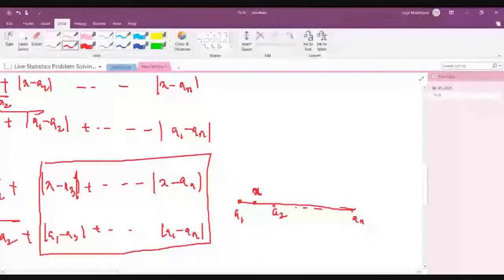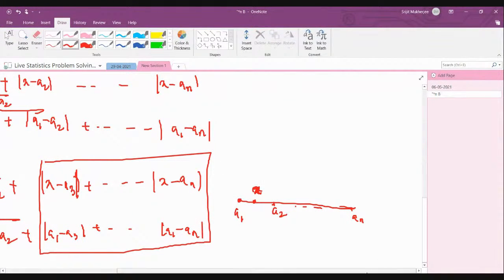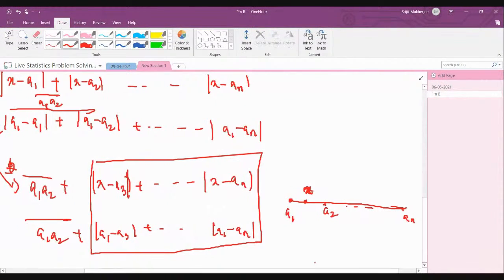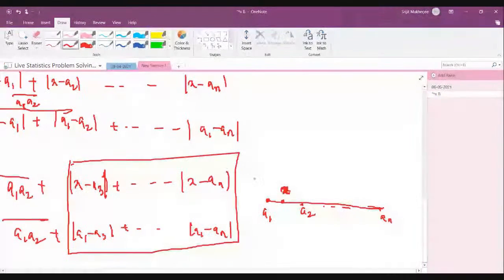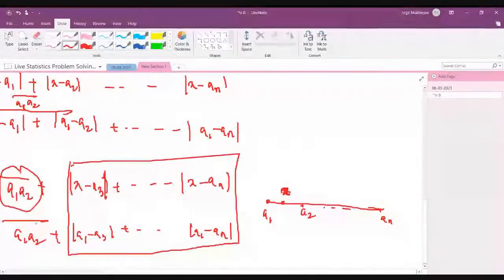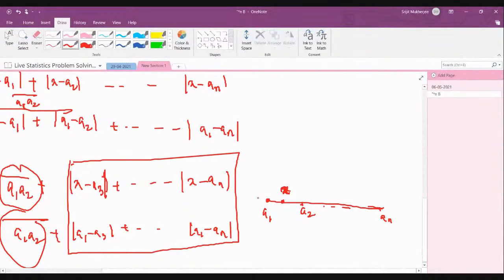Now understand that comparing these two is the same as comparing this remaining set, since both have the distance a1 a2 plus this term. So minimizing this is the same as minimizing with respect to the rest of the points, guys. Did you understand this part?